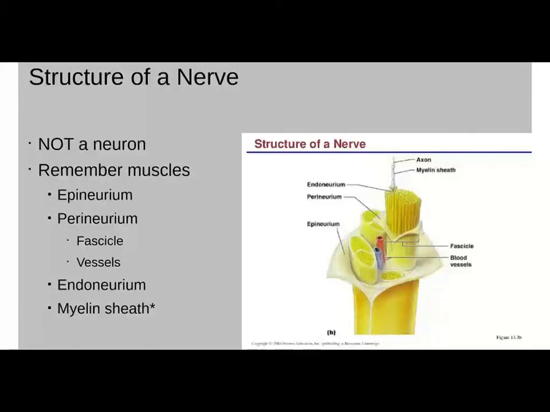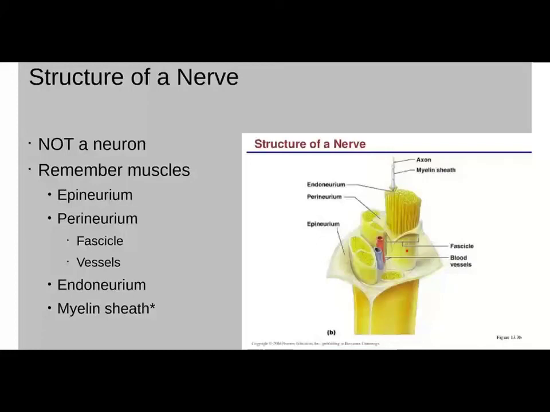Epi on the surface of, neuri pertaining to a nerve. So the epineurium wraps a nerve. And inside the nerve, we can see bundles, and those bundles are called fascicles, exactly like they were in a muscle. So fascicles are found within the nerve itself.